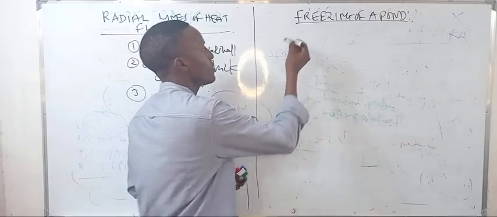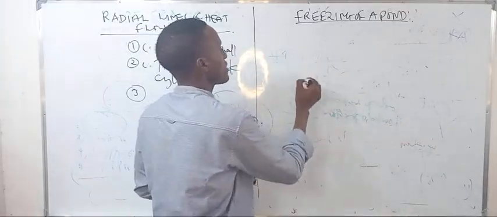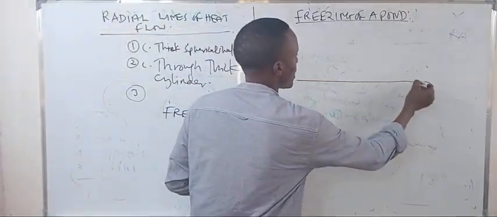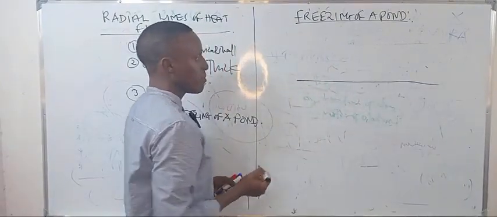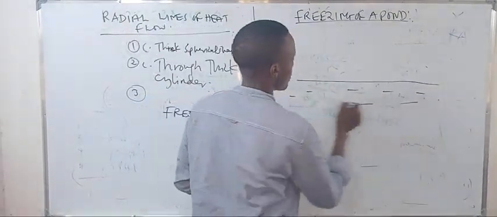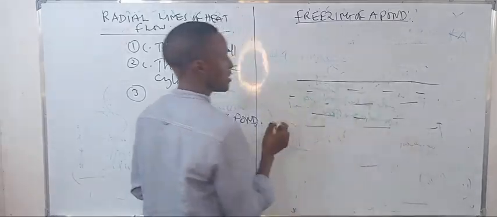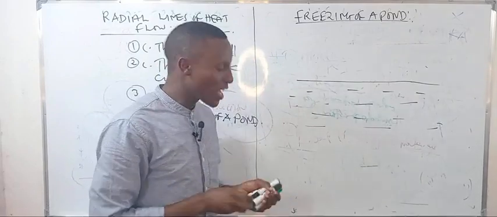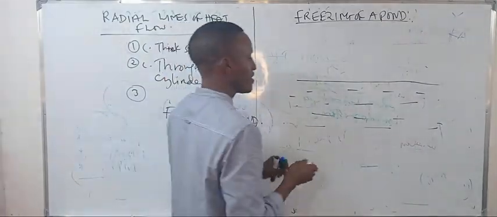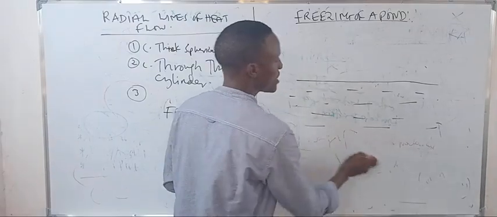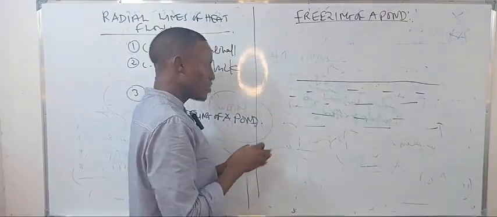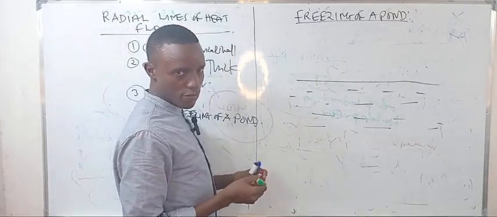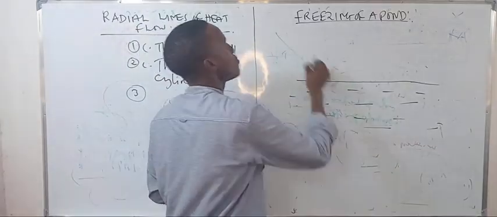Look here, if this is the pond, meaning there is water. Due to anomalous expansion of water, some organisms survive here, living inside during the cold conditions, because during the cold condition, air flows upward.